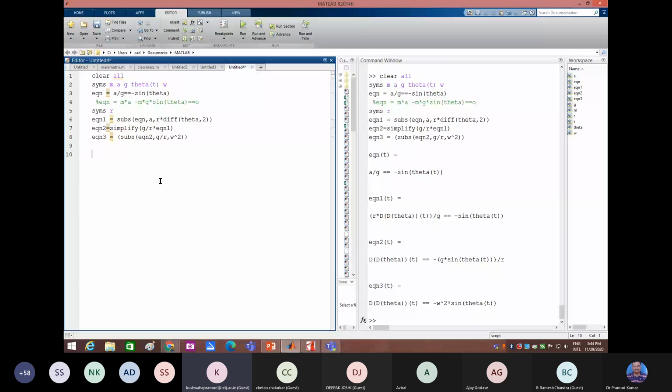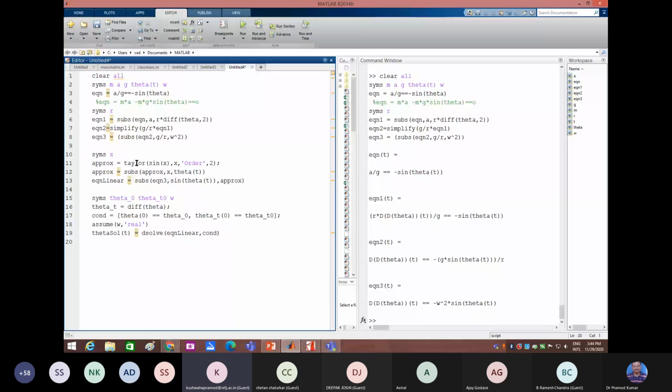First we create this. Sin x, sin theta we first have to convert to theta. X is substituted with theta t, and then put in, the sin theta will be replaced with the approximation, and we'll get this result out of this.